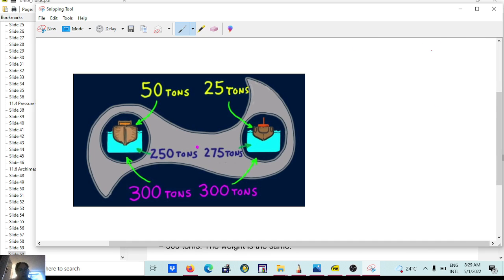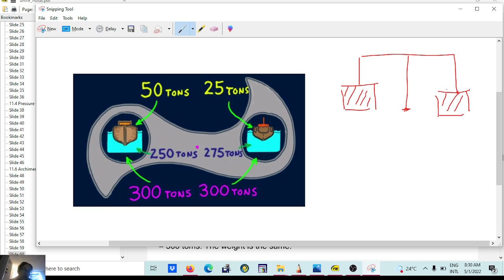So what's happening is like you have a scale, like a balance, right? It's in equilibrium. On both sides you have a pool. Let's say the pool is a huge container, filled up to the top with water. And this is 300 tons, and this is 300 tons.